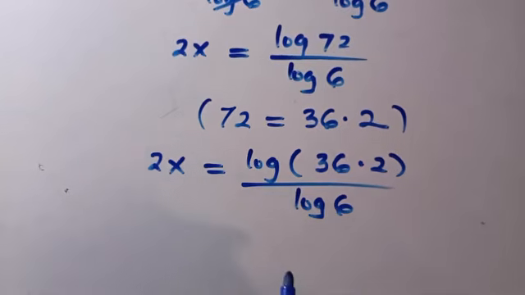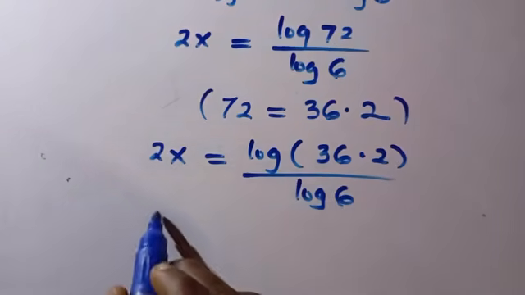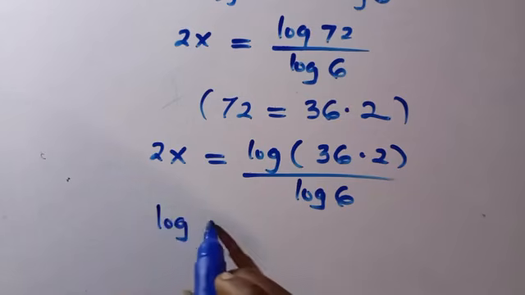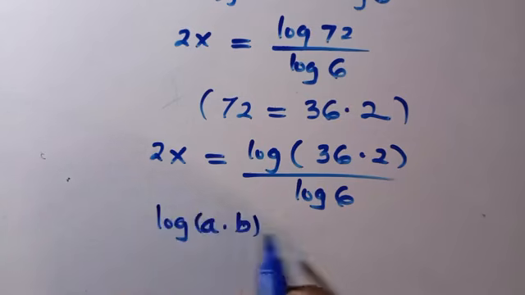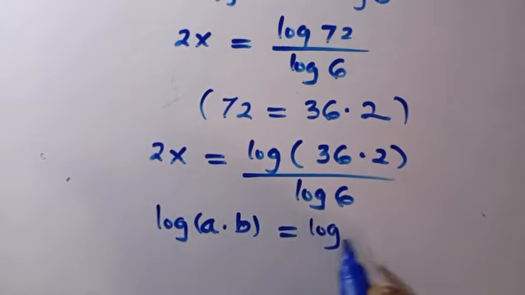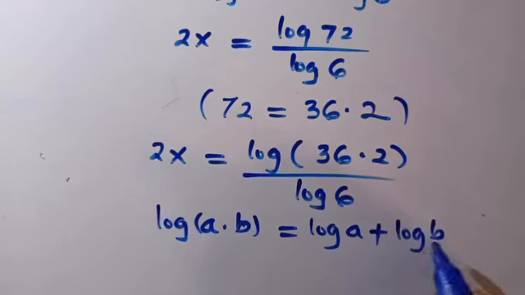On getting to this stage, we apply the rule of logarithm that when you have log a multiplied by b, this equals log a plus log b.